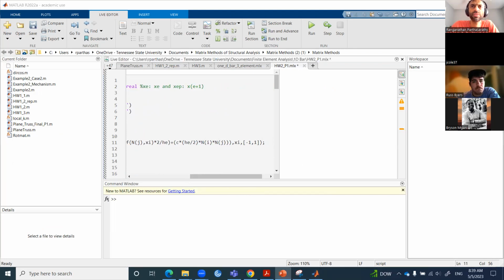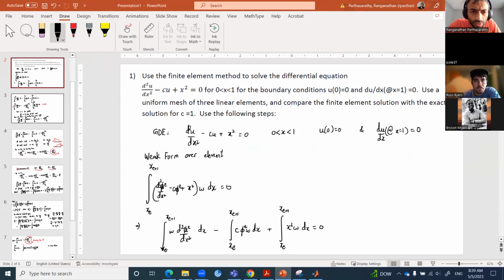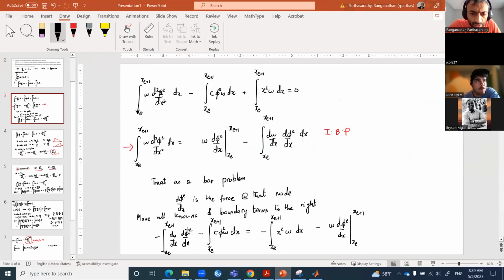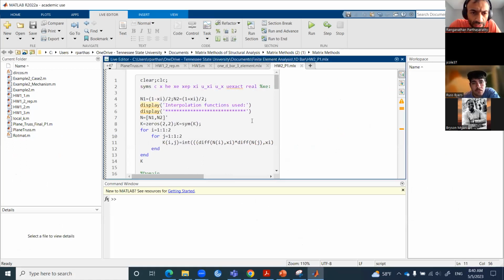Let's make sure we didn't make any mistake. This is our original governing differential equation. Then this is minus and minus and this is, yeah, okay, it's fine. Plus. So Kij is correct.